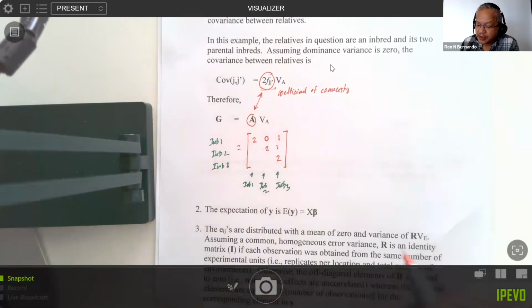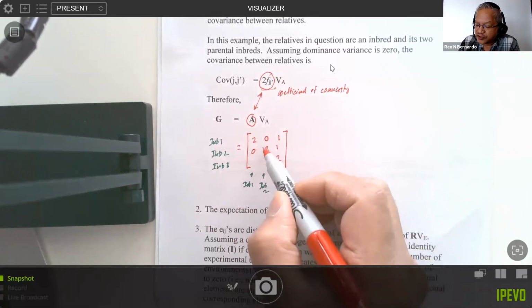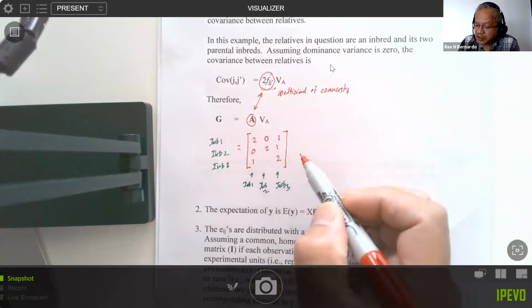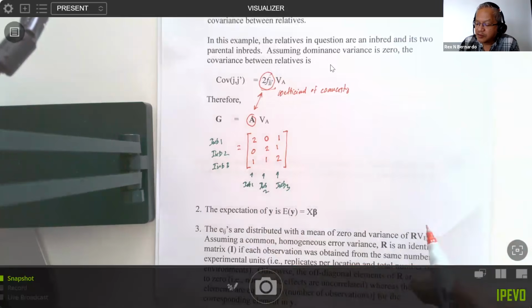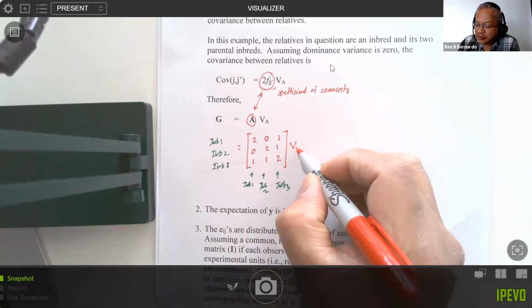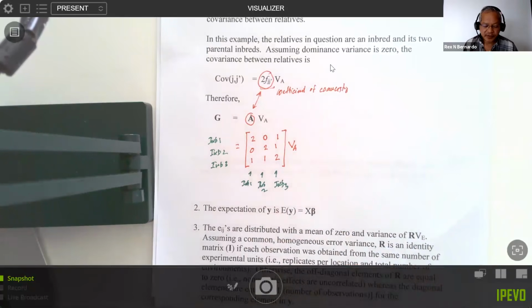It is a symmetric matrix, so this would also be 0. We interchange the rows and columns. It's the mirror image, so to speak. That's what the A matrix would look like. And to get the G matrix, you need to multiply each element by your estimate of VA. All right. Questions, comments?